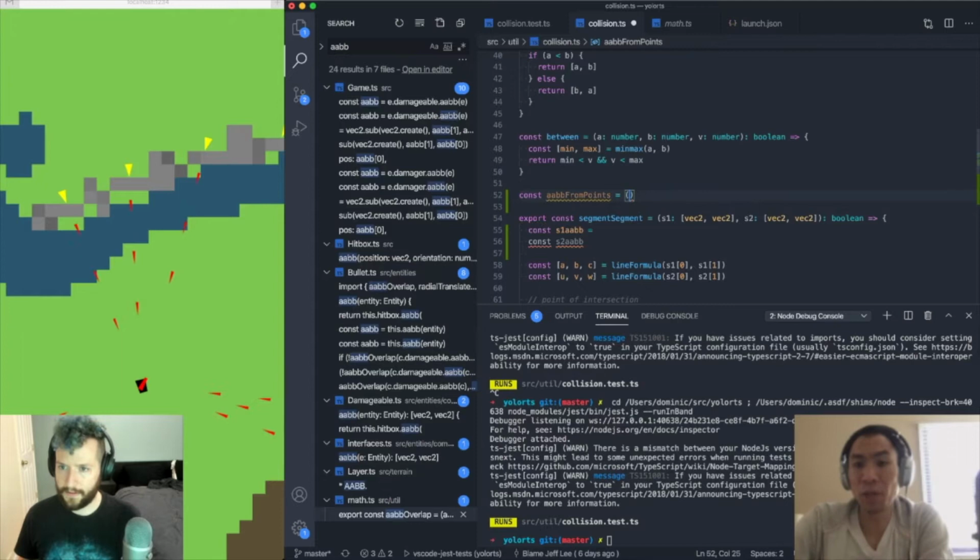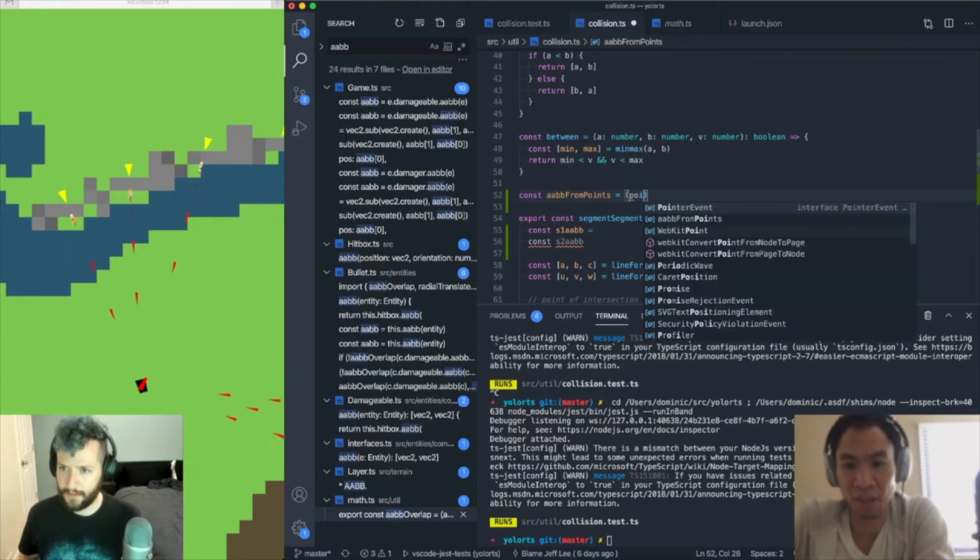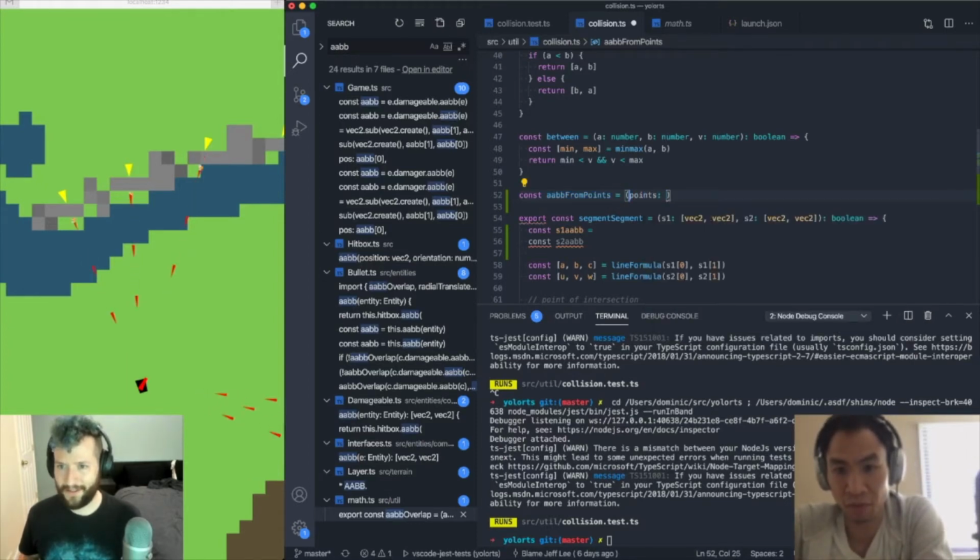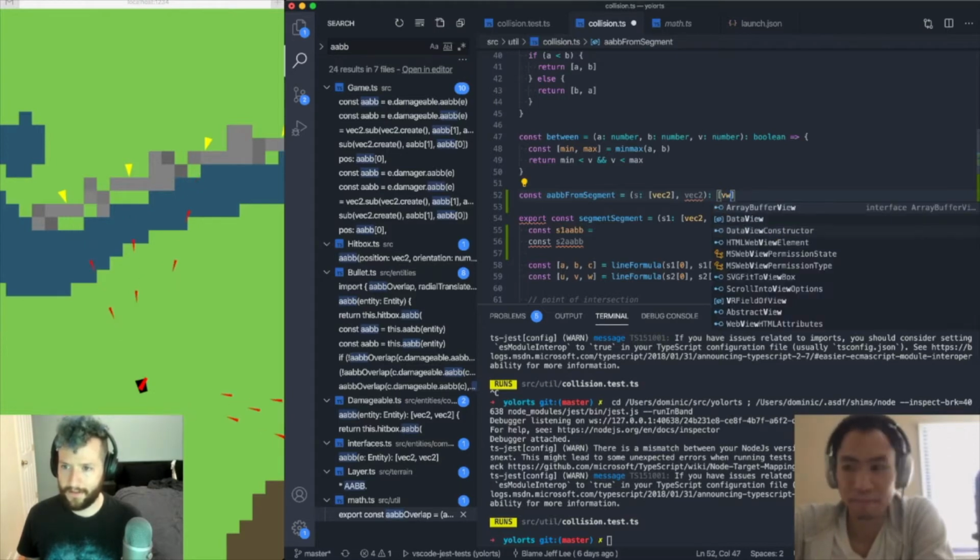Yeah, I mean, we could do just from a segment, and it could be the same structure. That's what I was going to. Yeah, that's a lot nicer because why even bother? And then this is also vec2.